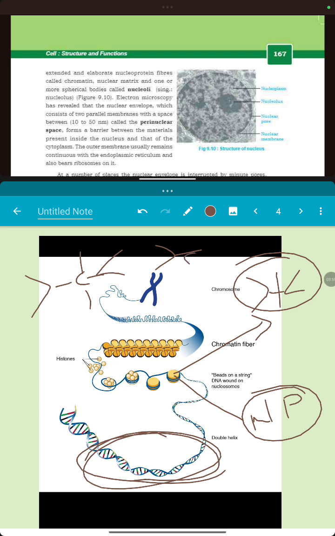A group of amino acids we call protein. That's it. Proteins will look like this, with a functional group and nitrogen present in it.